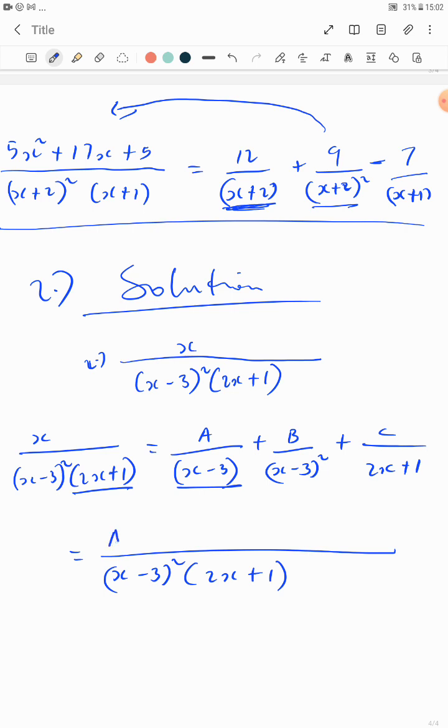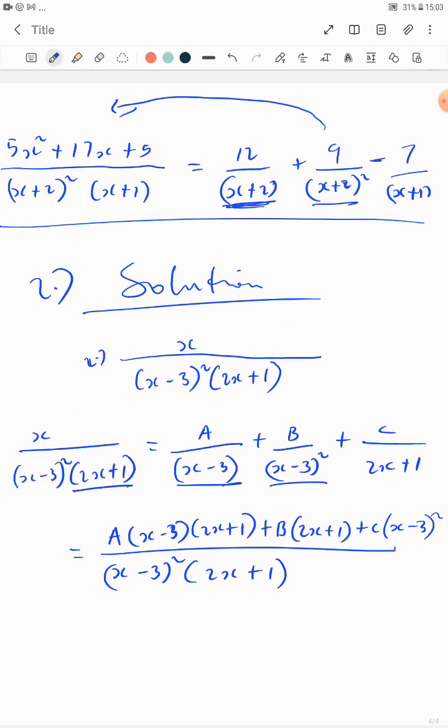The LCM will be (x minus 3) squared times (2x plus 1), and then we say this in the denominator, that will leave us with A (x minus 3)(2x plus 1). Then we have B (2x plus 1), the only thing remaining after we divide the LCM by the denominator, and then we have C (x minus 3) squared.